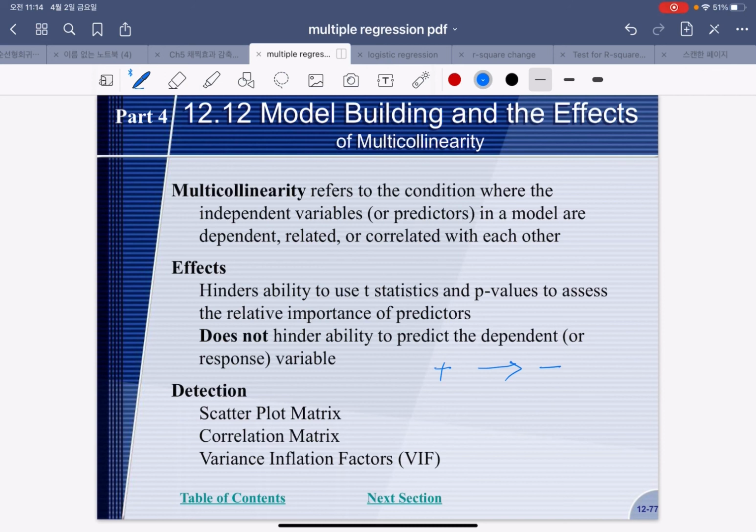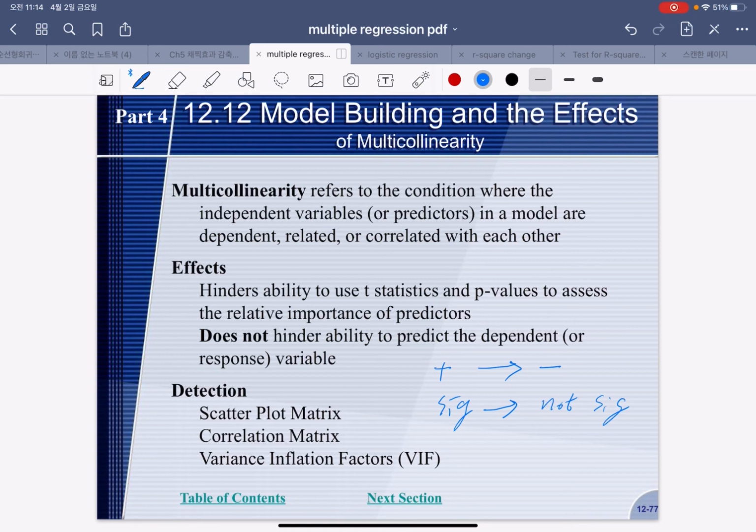And also sometimes you see that there is a significant relationship between a specific independent variable and the dependent variable. But if the multicollinearity problem exists, then in a multiple regression equation, the independent variable sometimes turns out to be not significant.